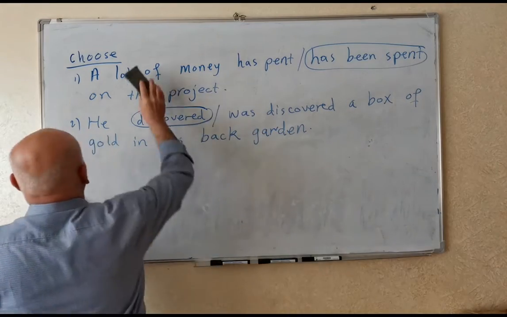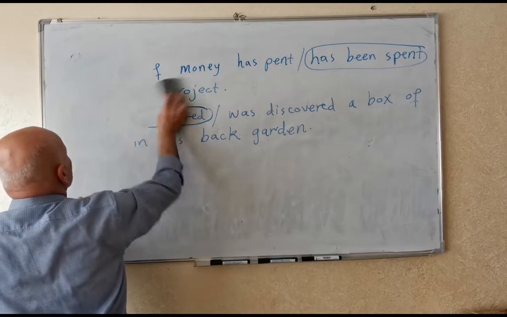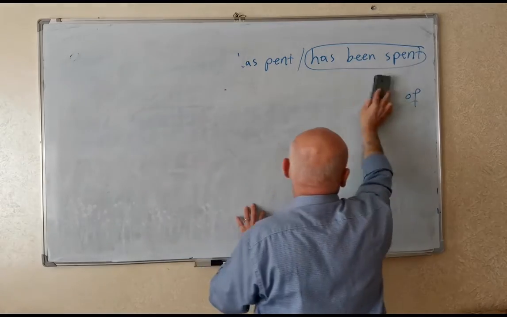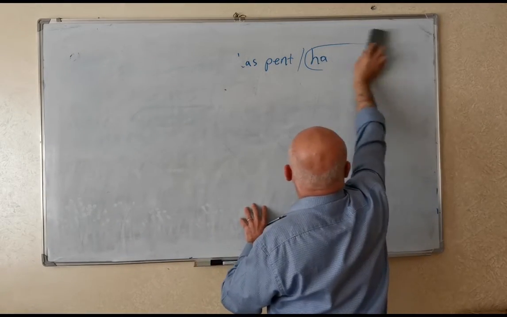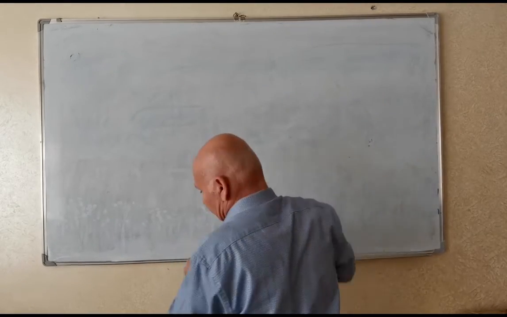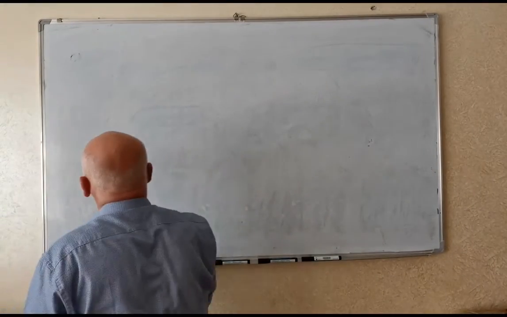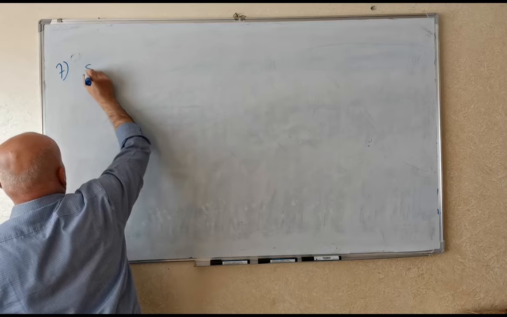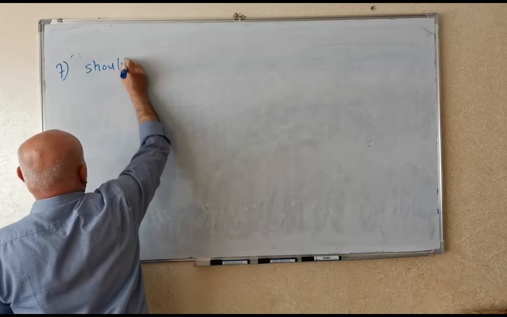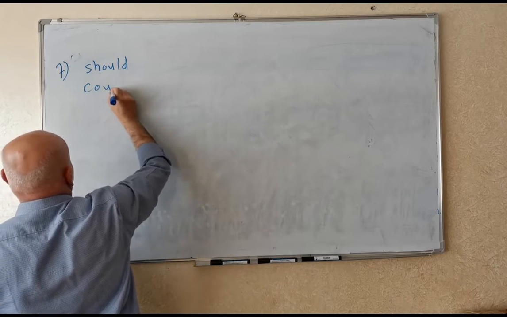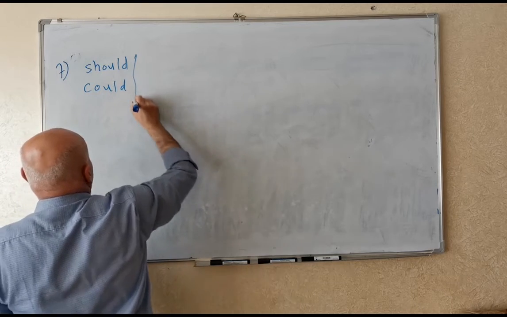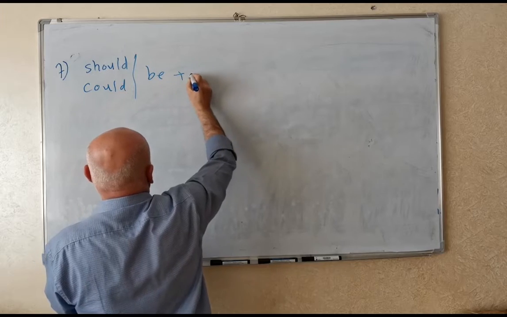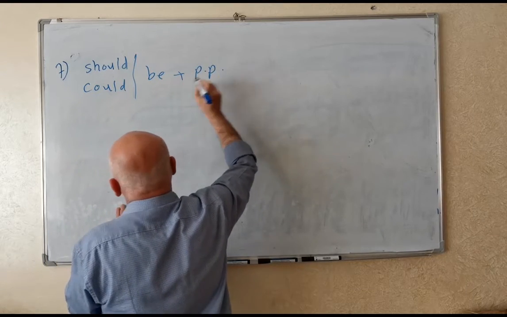Number 7 is about the modals should and could. Should and could are followed by be plus past participle.